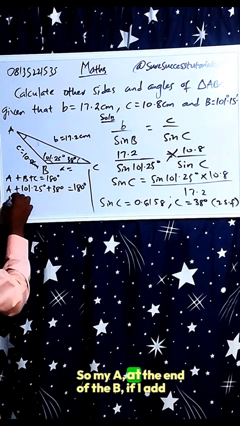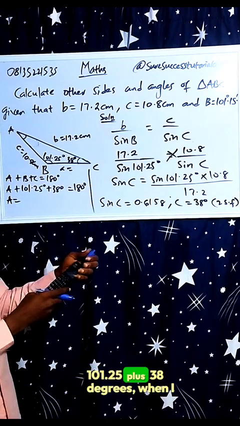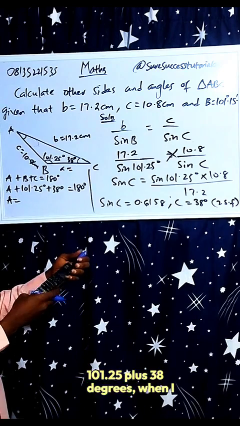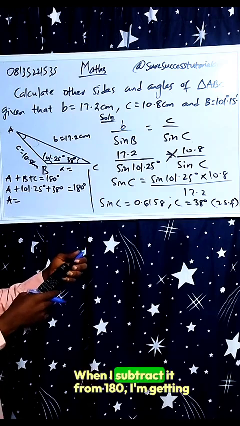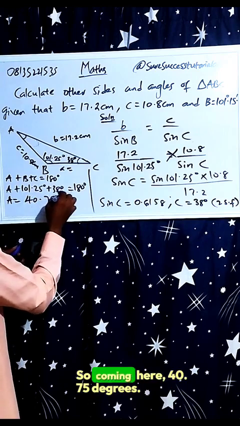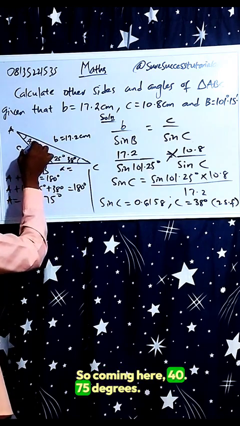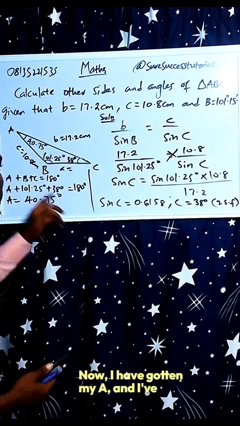So my A plus my big B, 101.25 degrees, plus 38 degrees equals 180 degrees. If I add these two together, 101.25 plus 38, and subtract from 180, I'm getting 40.75 degrees. So coming here, 40.75 degrees.